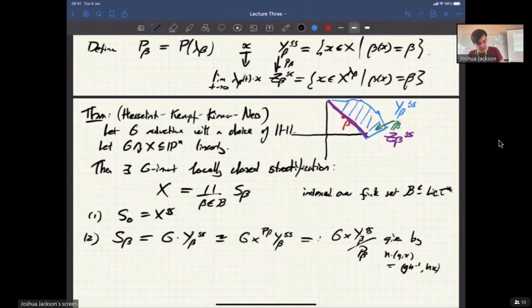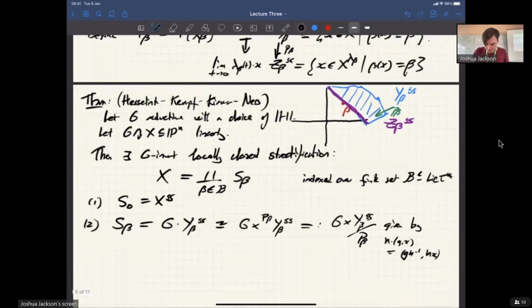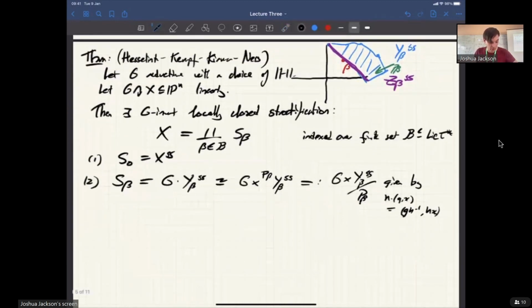So this part is maybe technical, and it's not super important. I'll tell you in a second what the upshot of it is.